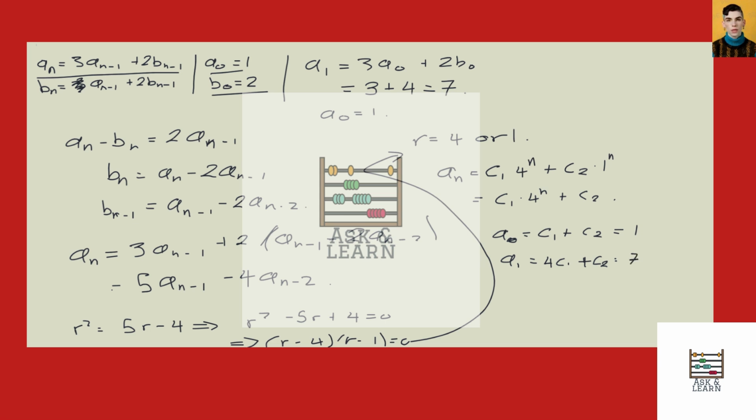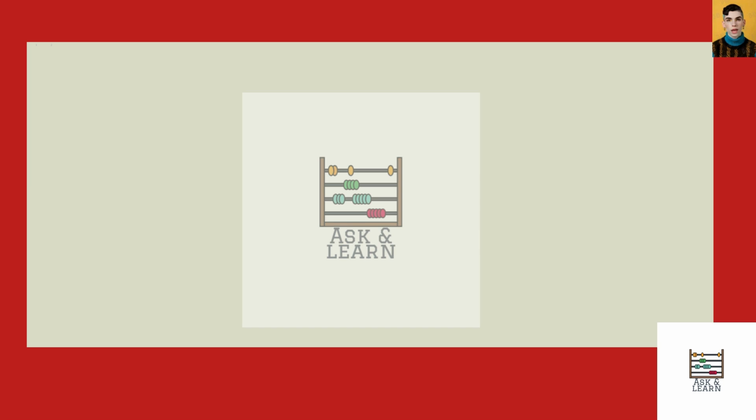If we subtract these two, we have 3c sub 1 equals 6, so c sub 1 is equal to 2. Then putting it back into the equation, c sub 2 is equal to 1 minus c sub 1, which is 1 minus 2, giving you minus 1. So a sub n is equal to 2 times 4 to the n minus 1.